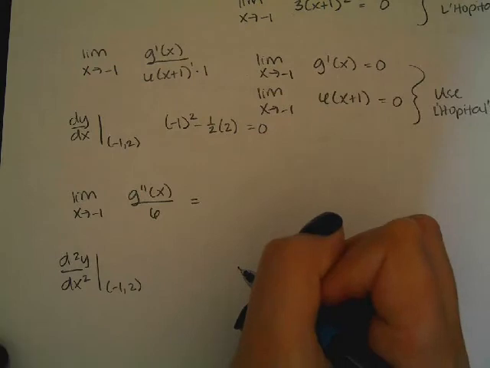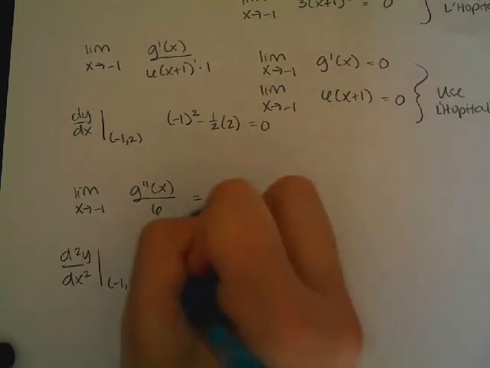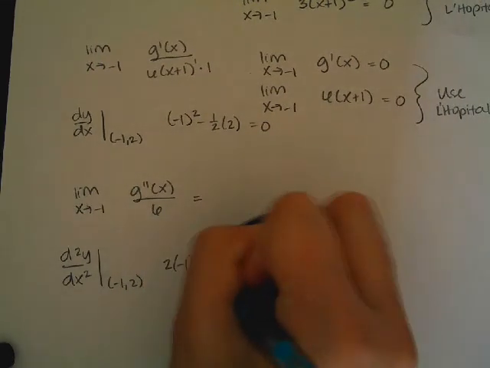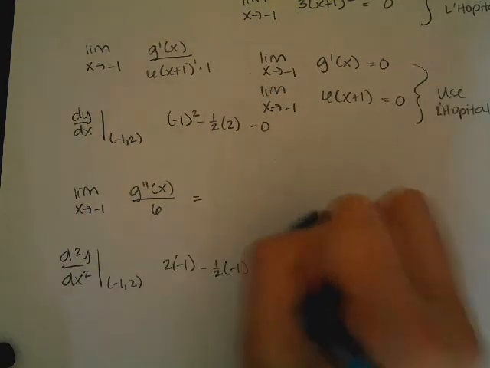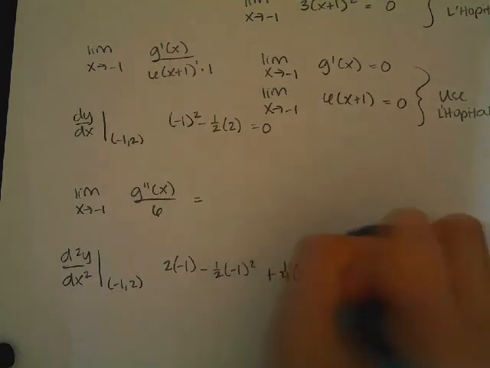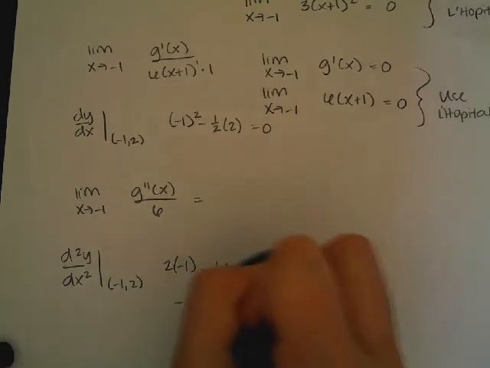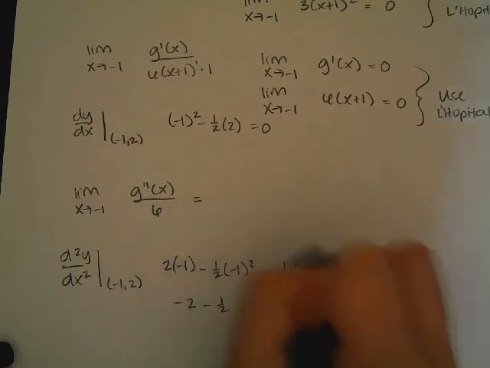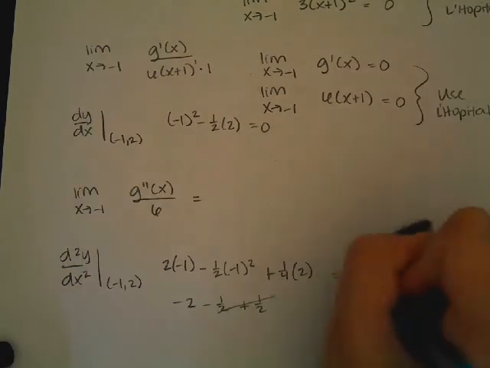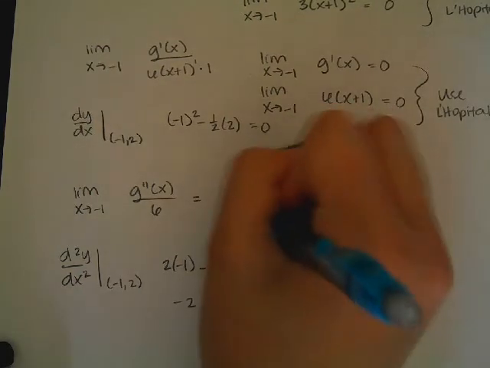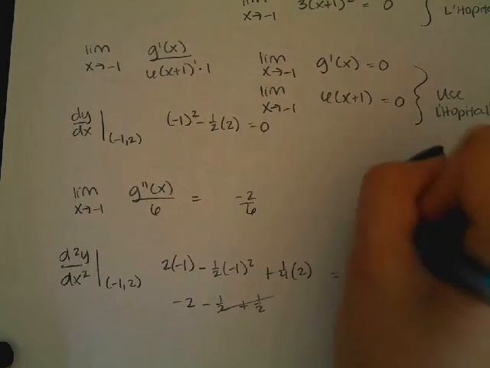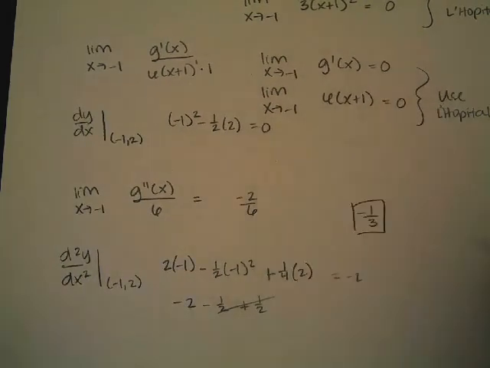And so the second derivative is going to be 2 times x minus 1/2 times x squared plus 1/4 times y. And that's -2 minus 1/2 plus 1/2. So that's just -2. So I end up with -2 over 6. And so the limit is -1/3.